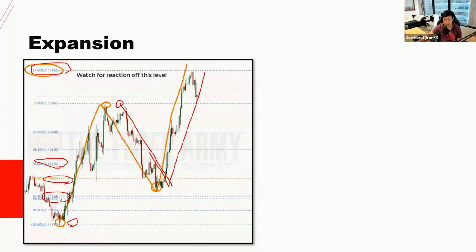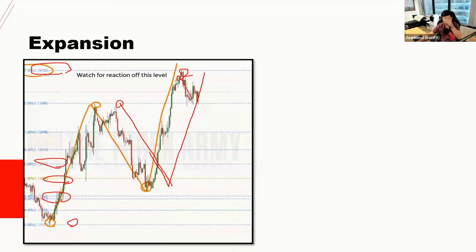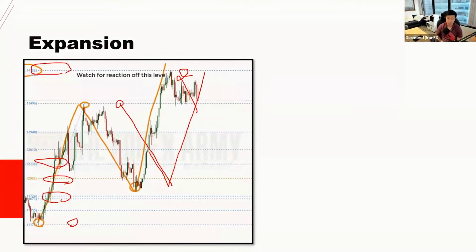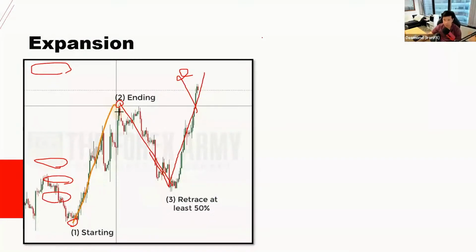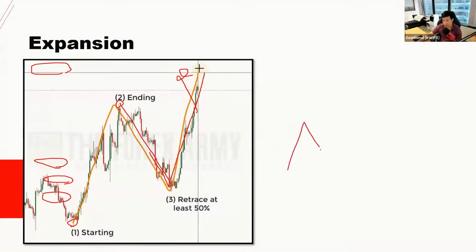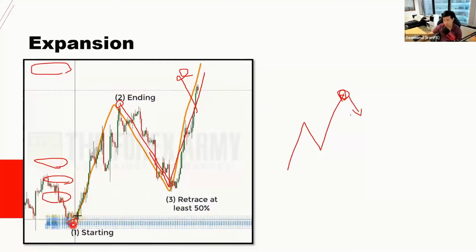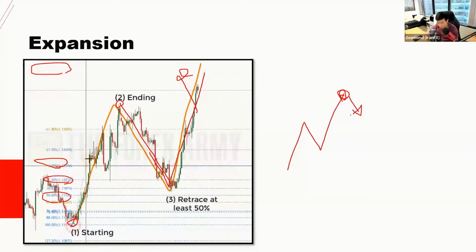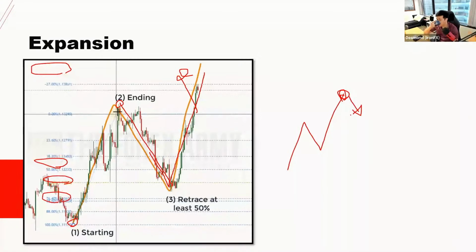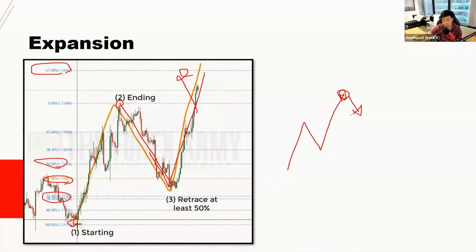And you can see that has happened very nicely over here. So this is the trick to Fibonacci expansion. You are literally just forecasting when price is going to reverse right here.